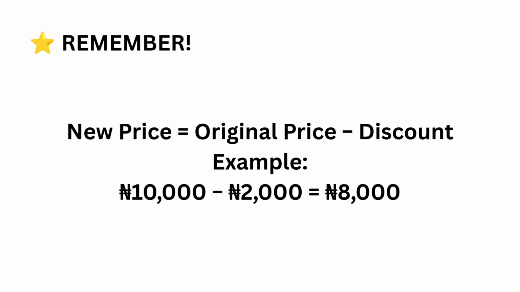So to find the new price after a discount, just subtract the discount from the original price. So 10,000 naira minus 2,000 naira gives us 8,000 naira. So 8,000 naira is the new price of that product.